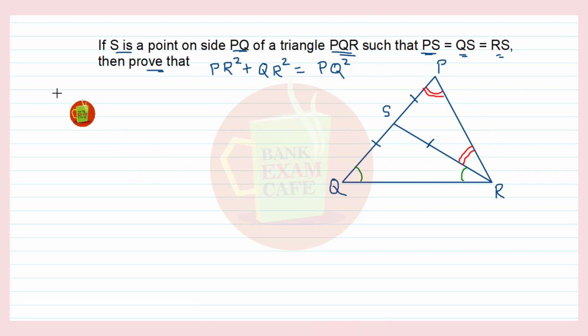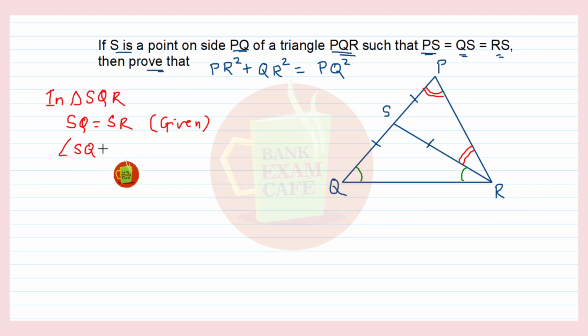So in triangle SQR, SQ is equal to SR. This is given, and therefore angle SQR is equal to angle SRQ.